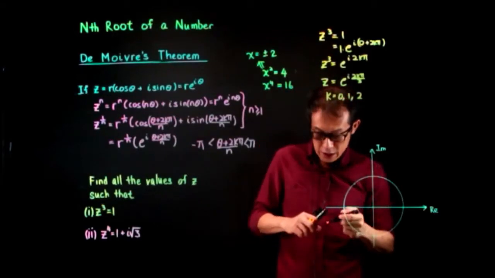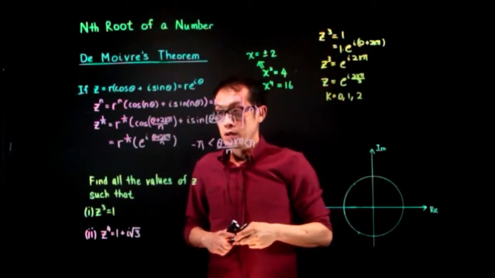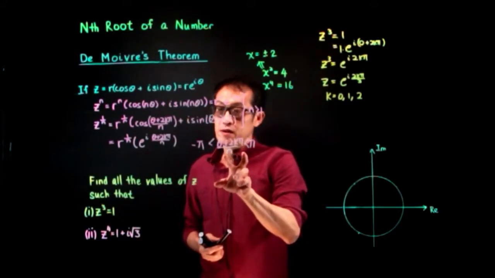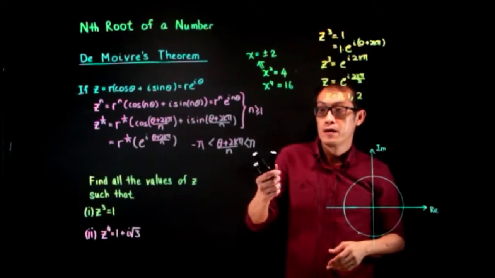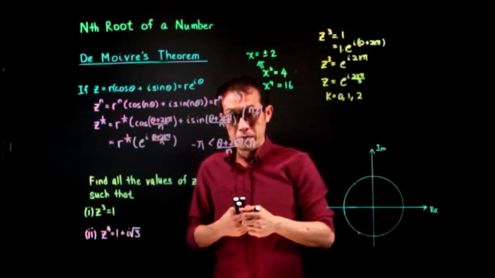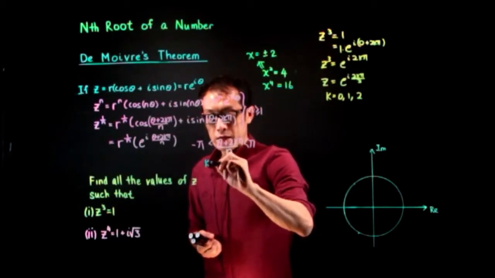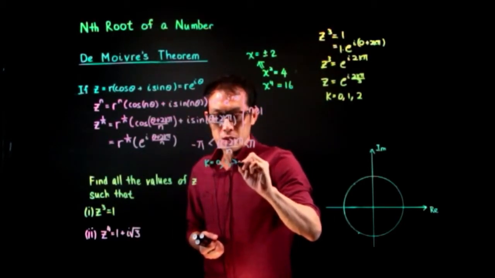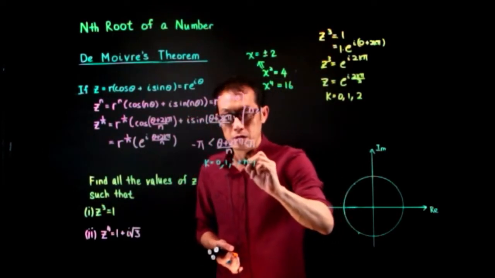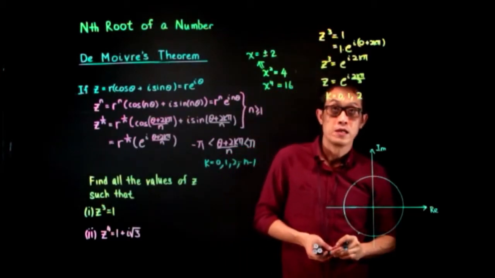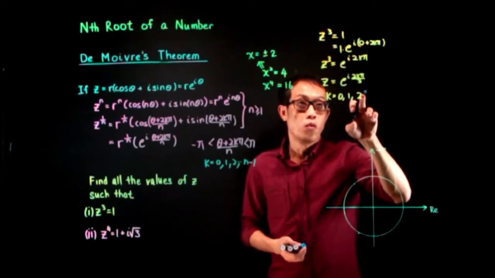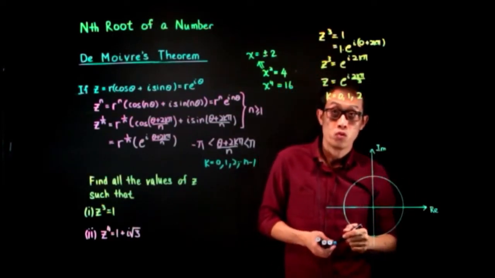Just now I forgot to mention what values k must take. k will take the values 0, 1, 2, until n minus 1, which is 1 less than n. So this will be 1 less than 3, which will give you 2.